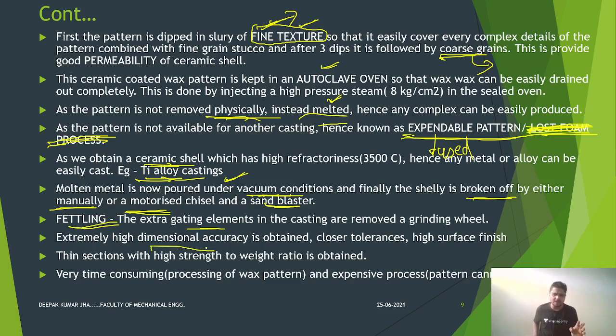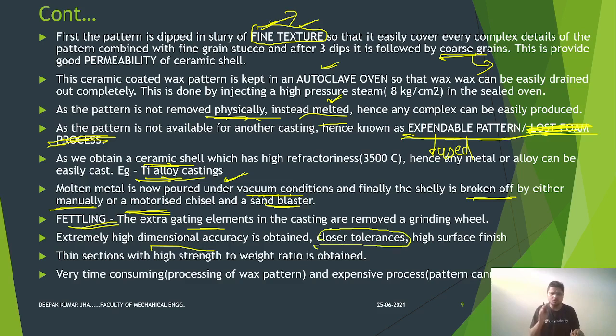See, unlike sand casting, whereby sand was on the outer layer, which did not give very good dimensional accuracy nor very high surface finish, the surface finish and dimensional accuracy obtained in this process is very, very high. And if we talk about the tolerance level, the tolerances are very close.